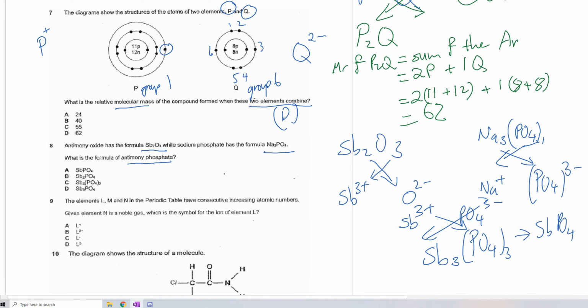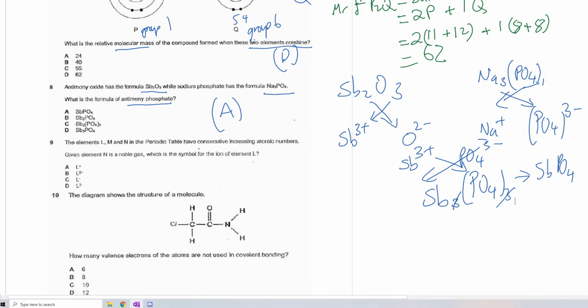Thus, the answer is option A. We can simplify from Sb3PO43 to SbPO4 by removing the common factor 3 from the chemical formula.